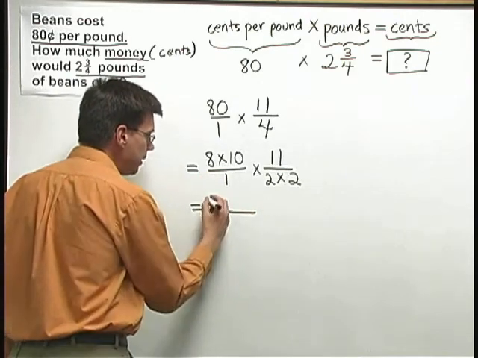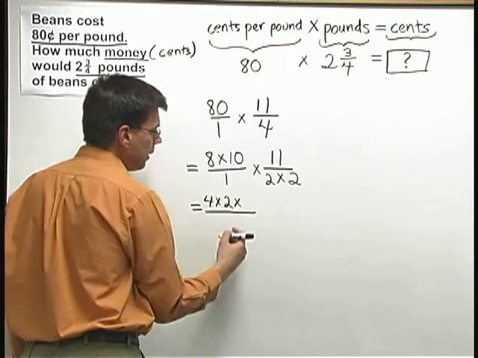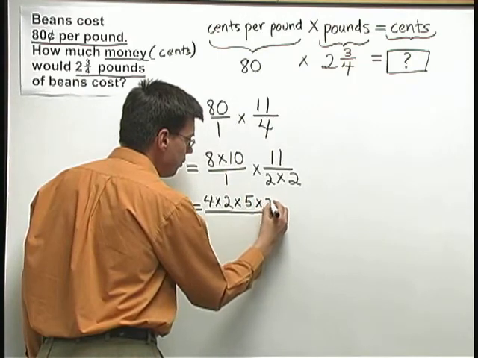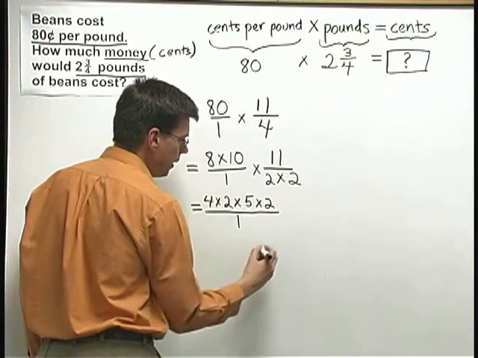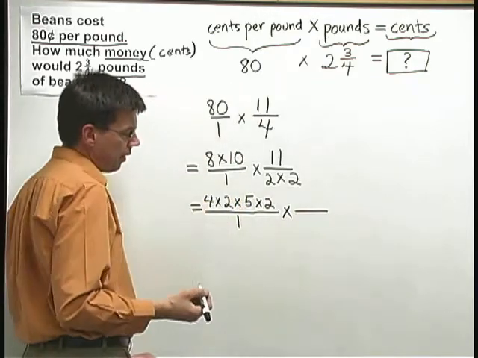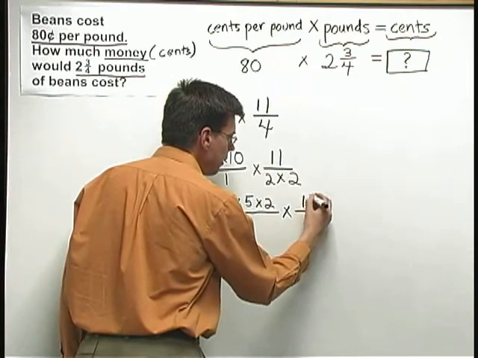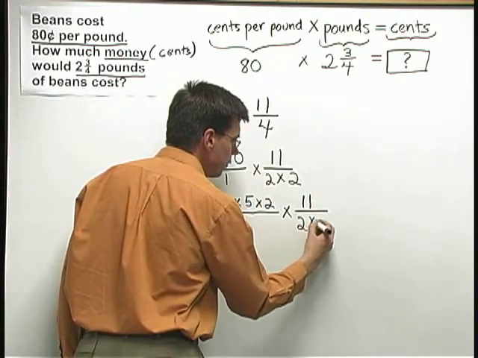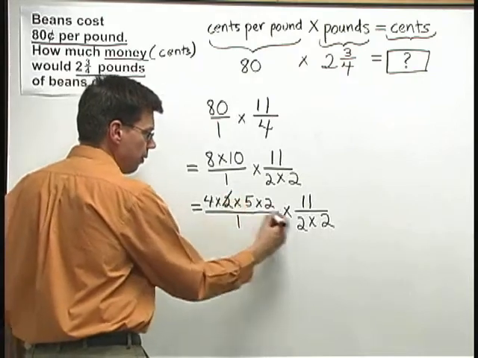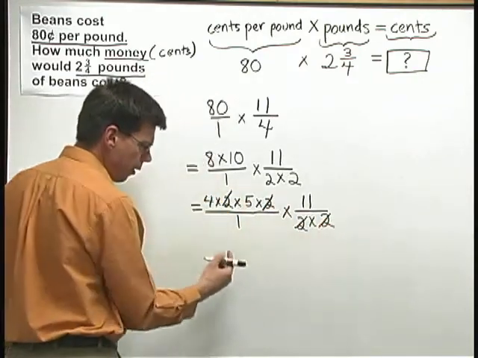8 I can break down into 4 times 2, times 10 is going to be 5 times 2, all over 1, times, on the other side of the times sign, I have 11 over 2 times 2. And now I see I can cancel a 2 above with a 2 below, another 2 above with a 2 below.